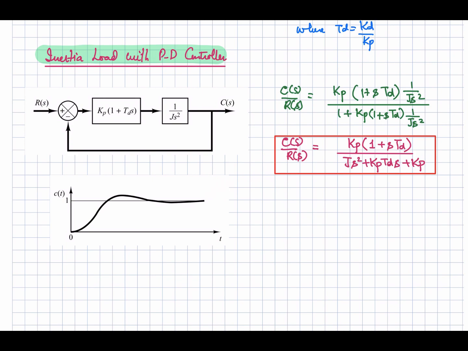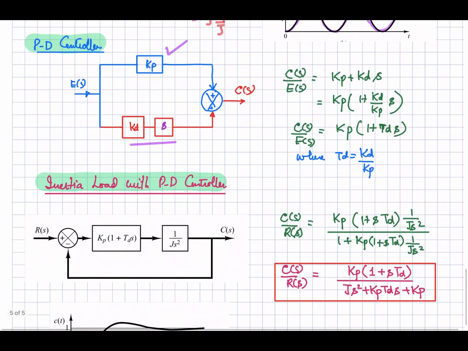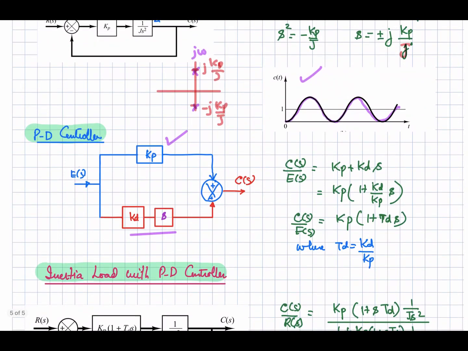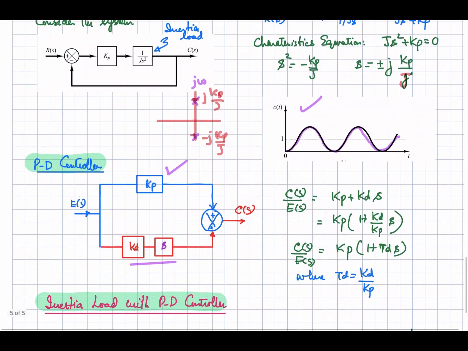Here you can see what happens if we introduce the derivative control action. Over here there was no inertia, no damping. Your response was oscillatory, that means there is no damping in your system. When you use the derivative part in your controller, that introduces damping.